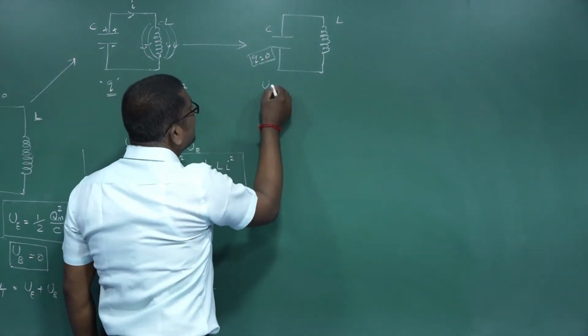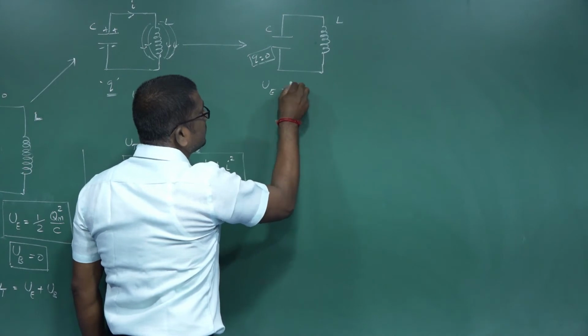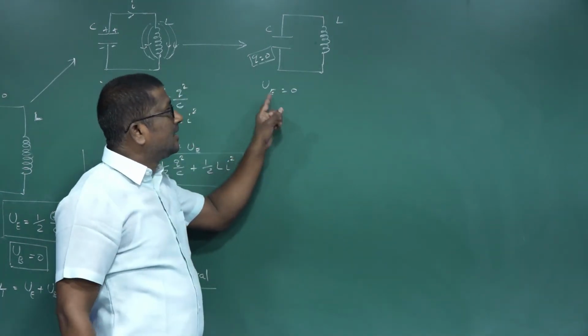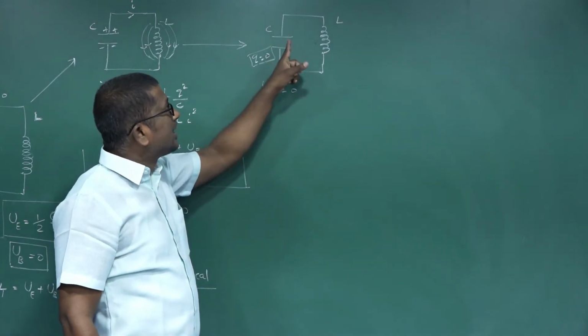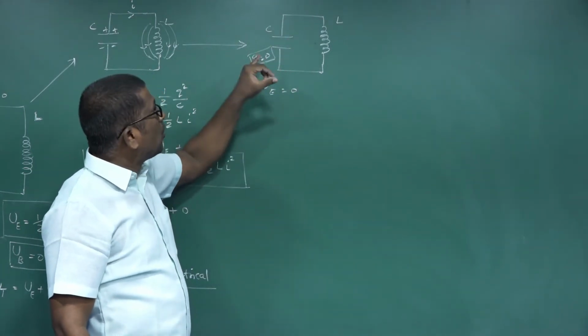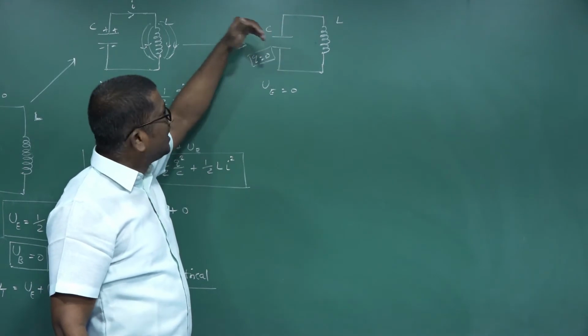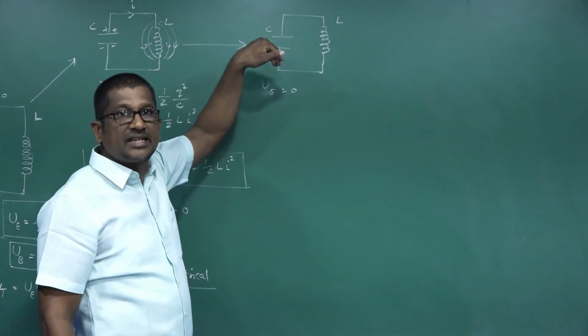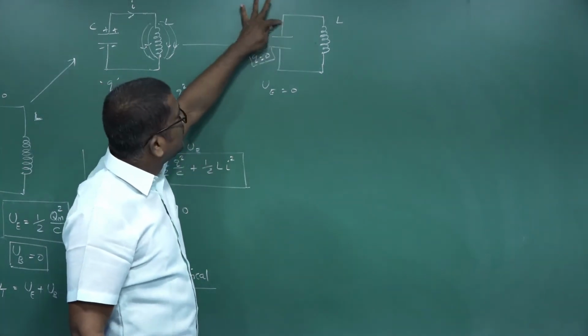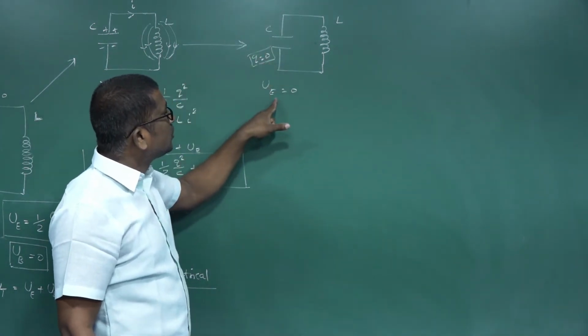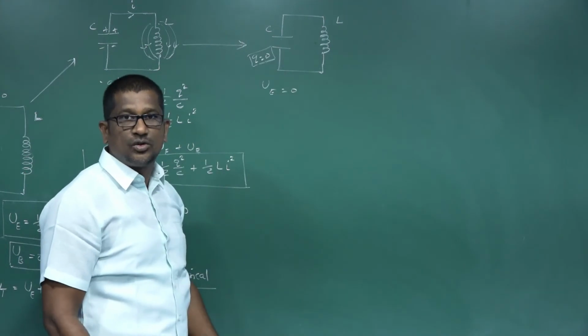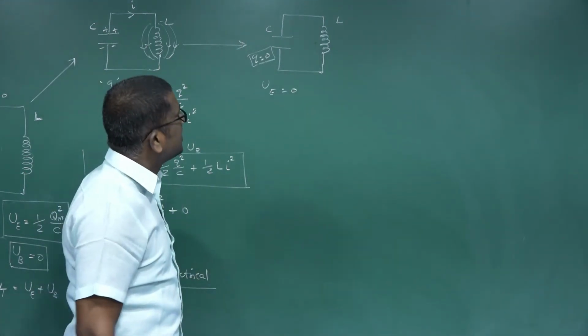The electrical energy in the capacitor is also zero, because the amount of electrical energy stored in the capacitor depends on two factors: one is the amount of charge in it, and the second one is its capacitance. In this state, the charge in the capacitor is 0, so the electrical energy in the capacitor is 0.